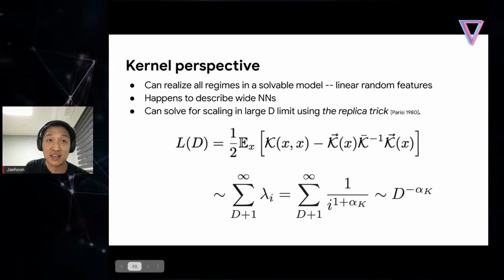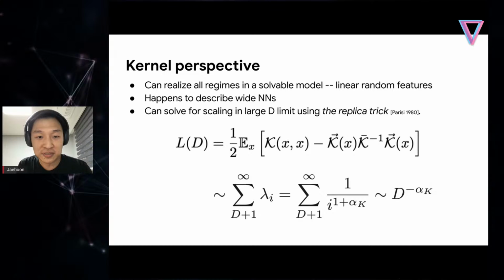Then the test loss scaling only comes from the tail eigenvalues beyond the dataset size D. So the test loss comes from the contribution of the tail eigenvalues from D+1 to infinity. Using this power law relationship for the kernel eigenvalues, we can obtain that the test loss scales with dataset size with a scaling exponent given by the kernel exponent.